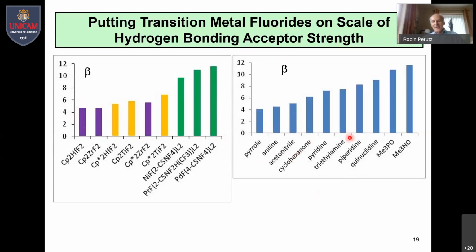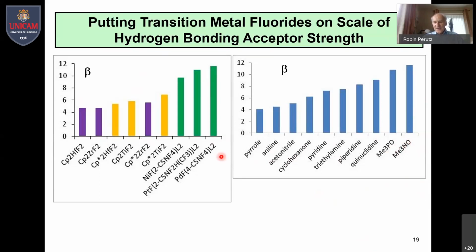But to find a hydrogen bond acceptor as strong as those nickel, palladium, platinum, we have to go to the strongest neutral donors in the book. There are none that are stronger than this that I've discovered. Trimethylamine oxide is the strongest at about 11, so that's comparable to the palladium.